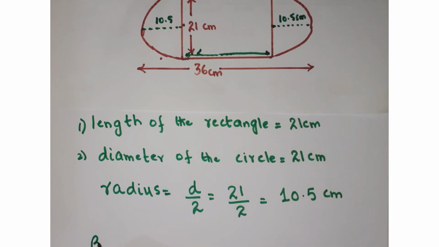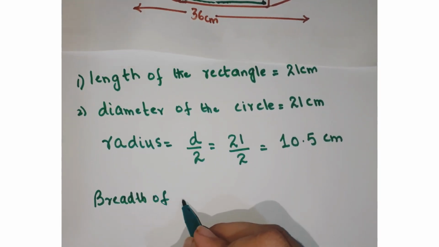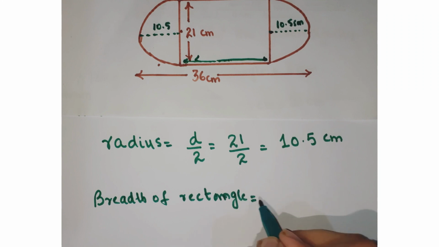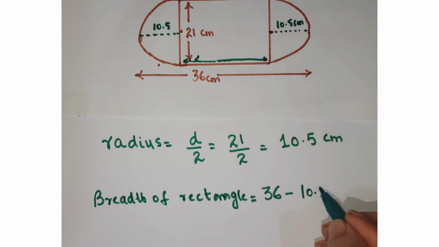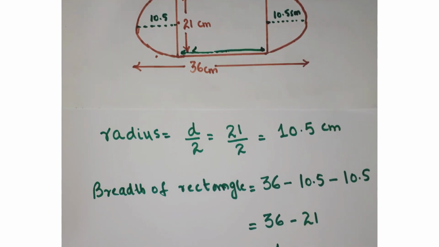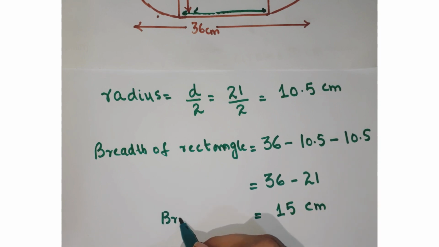So, I'll write it as breadth of rectangle is equals to 36 minus 10.5 minus 10.5. These two lines, right? 36 minus 21 and here you get 15 centimeter is the breadth of the rectangle, right?